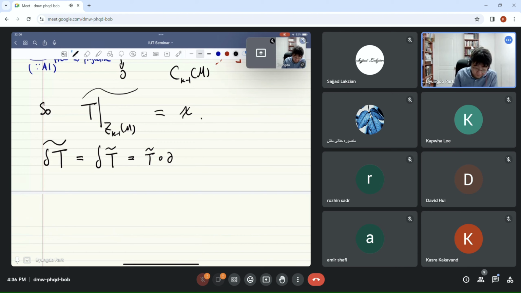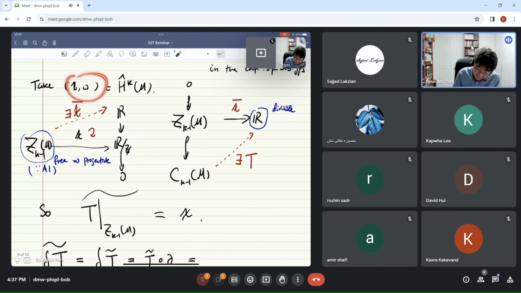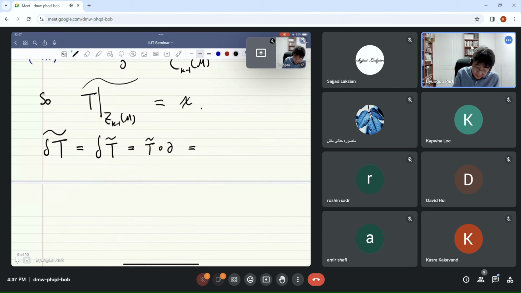Then, if you think about what chi means, by the definition of this pair, this must be the integration of omega mod integers.